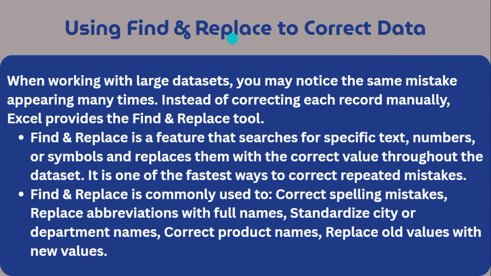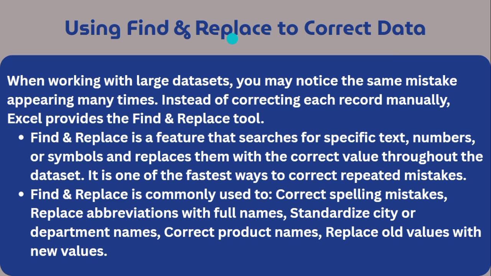Another feature we'll be using is Find and Replace. We can use Find and Replace to correct data. When working with large data sets, you may notice the same mistakes appearing many times. Instead of correcting each record manually, Excel provides the Find and Replace tool. Find and Replace is a feature that searches for specific text, numbers, or symbols and replaces them with the correct value throughout the data set.